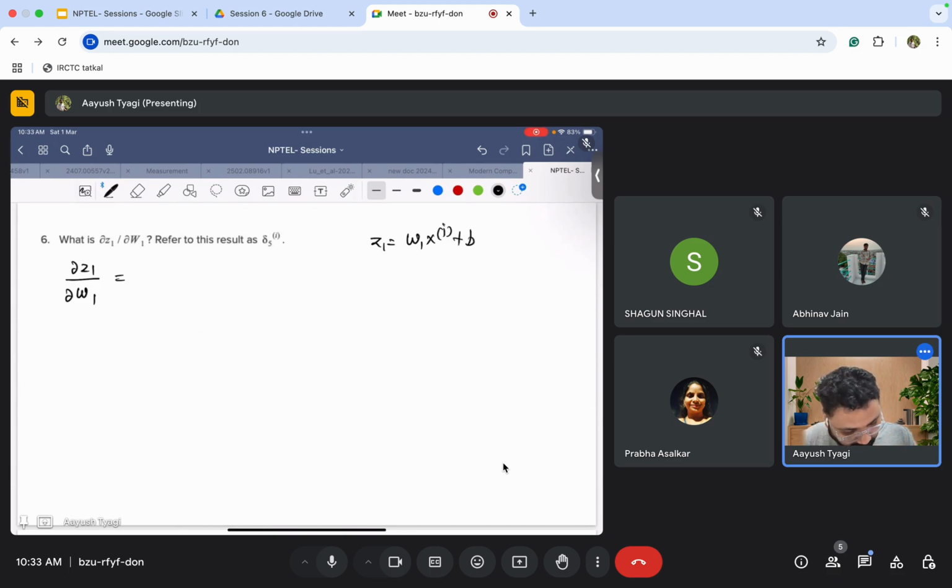So we'll call it delta 5. Makes sense, right?